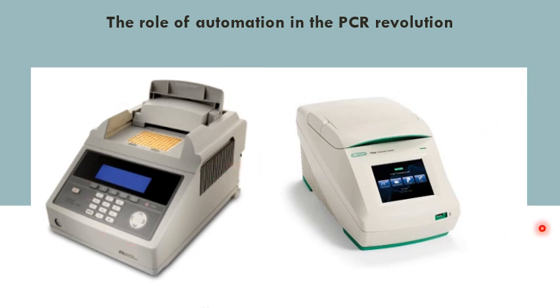The automation is also developing these days, starting with the traditional PCR machines and ending with the rapid thermal cycler. As I told you, with the heating blocks, the whole system is now focusing on getting PCR products in a shorter time with high efficiency.